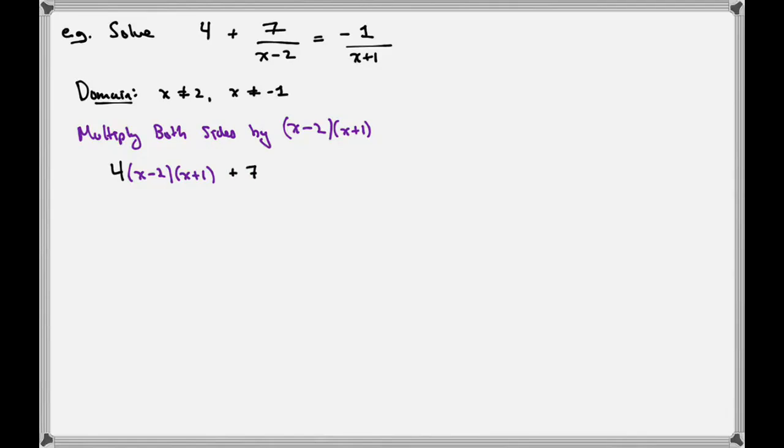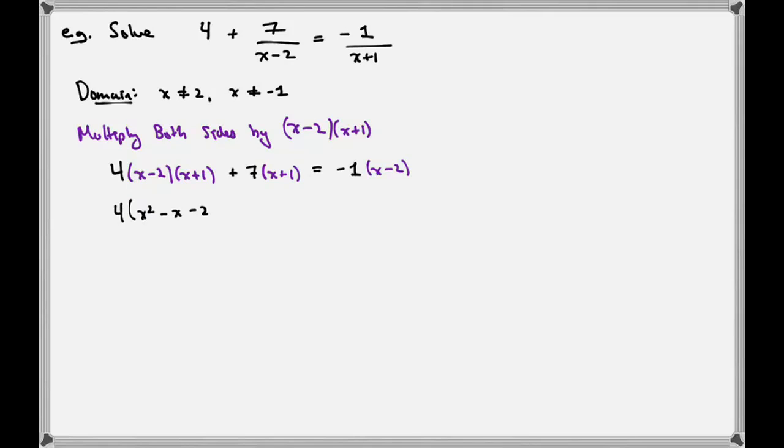The 7 will get multiplied by it, and a factor of x minus 2 will cancel, leaving x plus 1 equal to minus 1, and now the x plus 1 will cancel, and we'll be left with a factor of x minus 2. And you have some new polynomial equation to solve, and you proceed to do that by combining like terms.